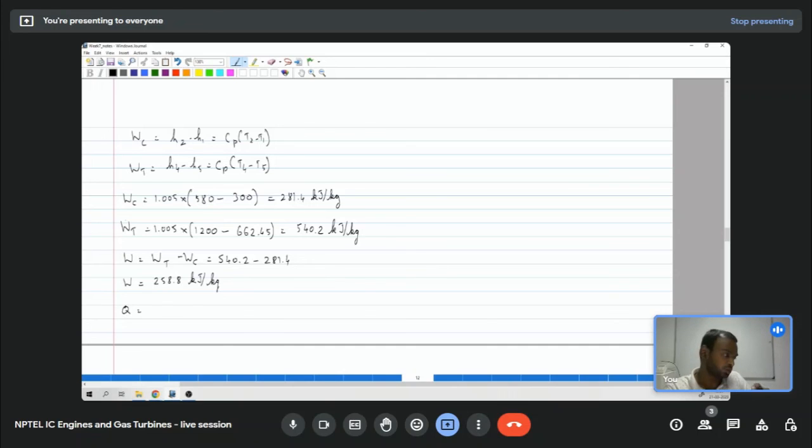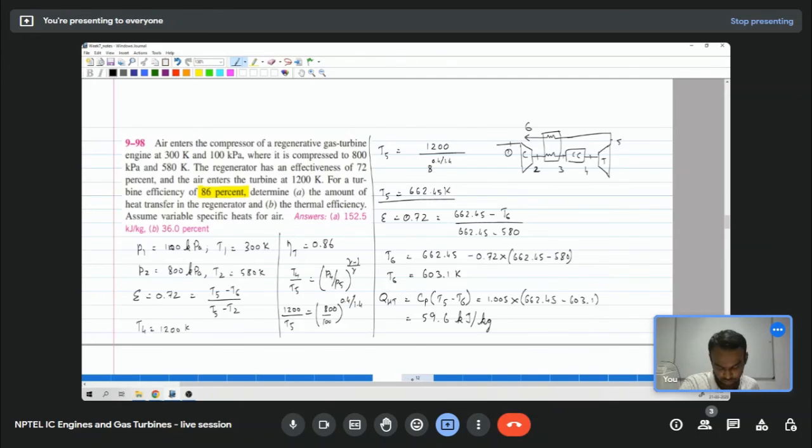Similarly, heat input can be calculated as H4 minus H3, which is Cp into (T4 minus T3), that is 1.005 into (1200 minus T3).